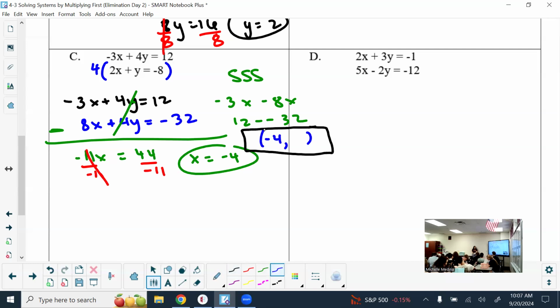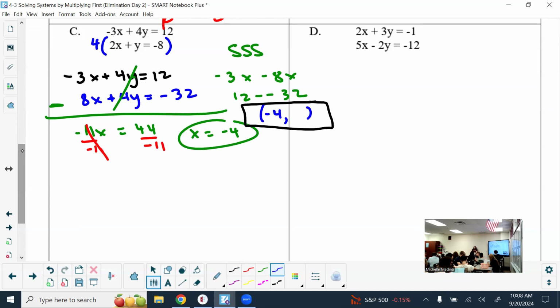Part of it. What's missing? So how do I get the y?